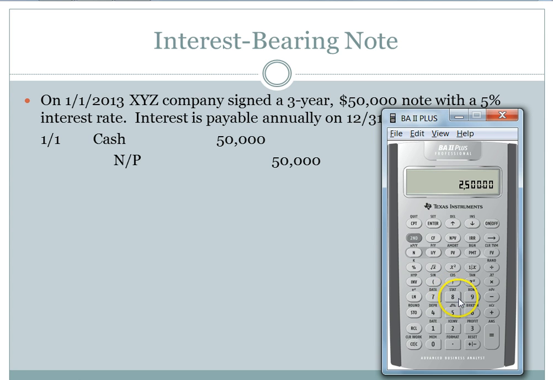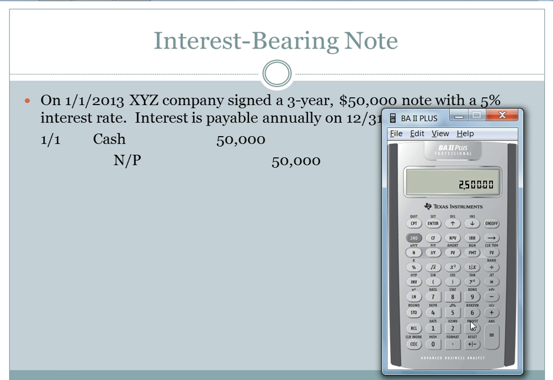So realistically, we don't have to throw that calculation in there, but just remember that's how I want you to think about making the calculations. You want to make sure that you stop and ask yourself, for how long has this note been outstanding?